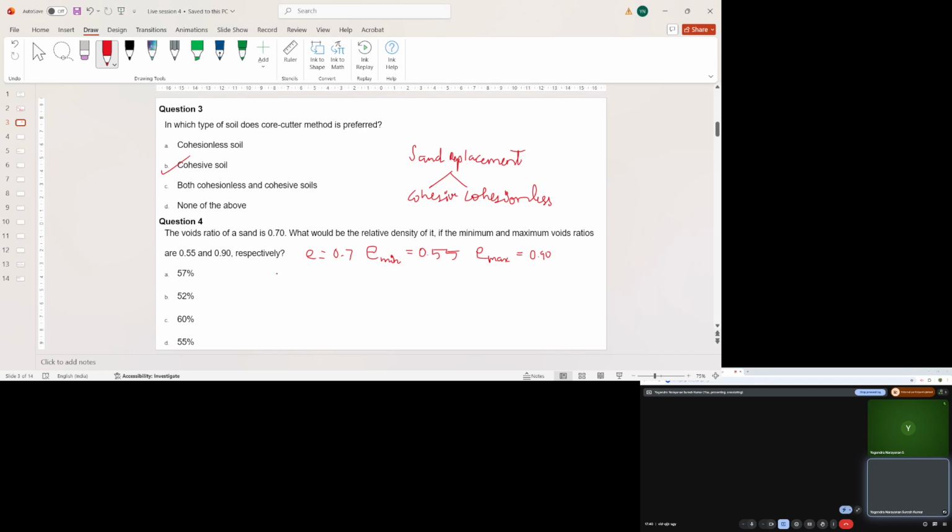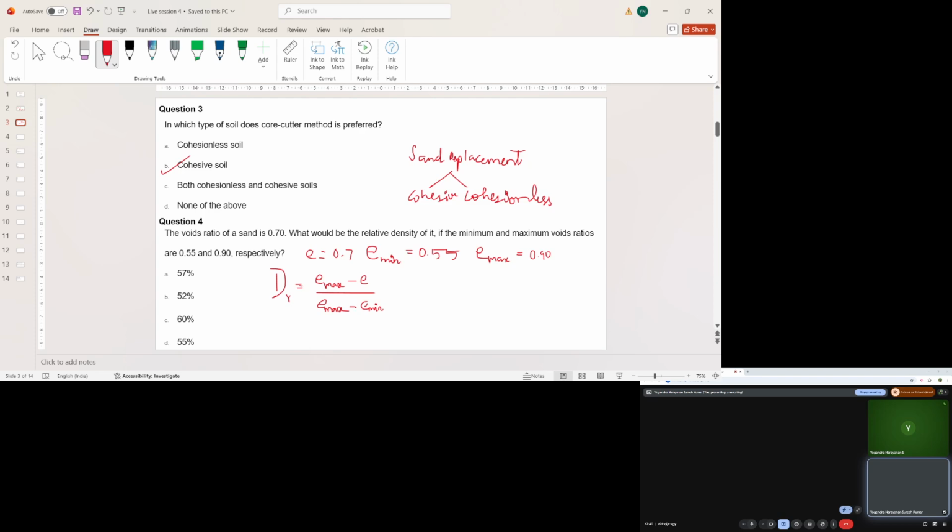Now we have to calculate the relative density. Dr is given by the formula e max minus e divided by e max minus e min. So this is also a relative parameter, where for a particular type of soil, for a particular grain size, e max and e min remain constant. So you can refer to the corresponding IS codes for determination of e max and e min.